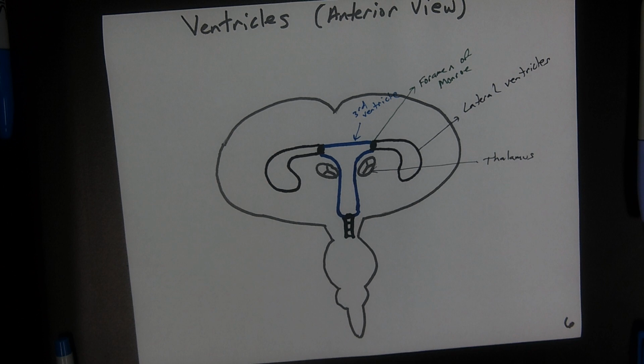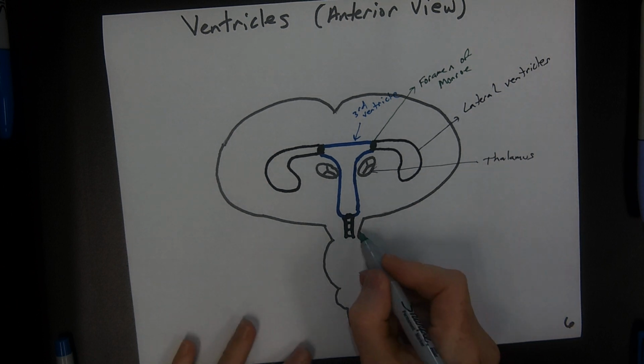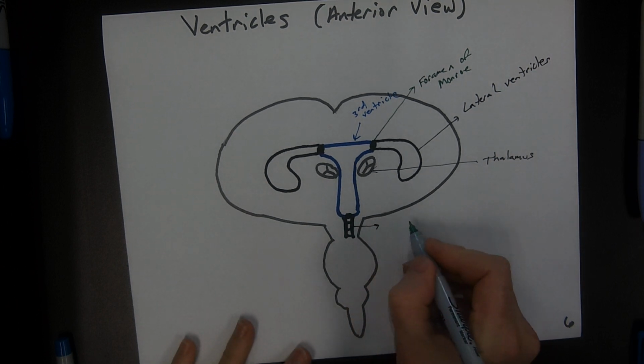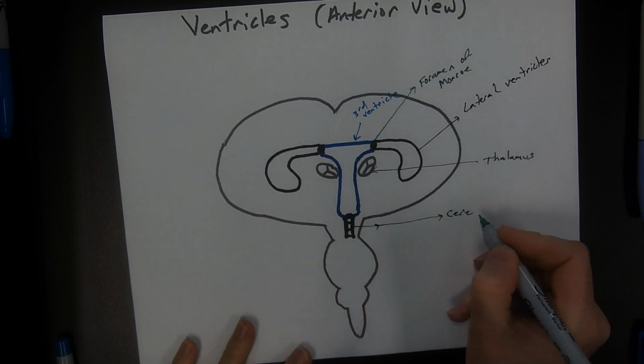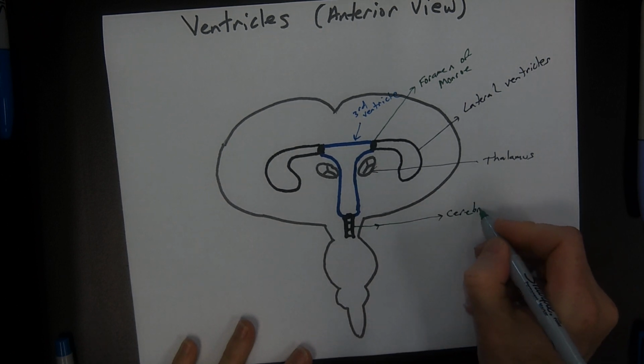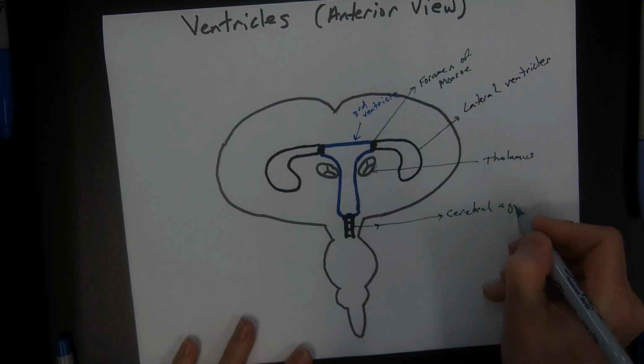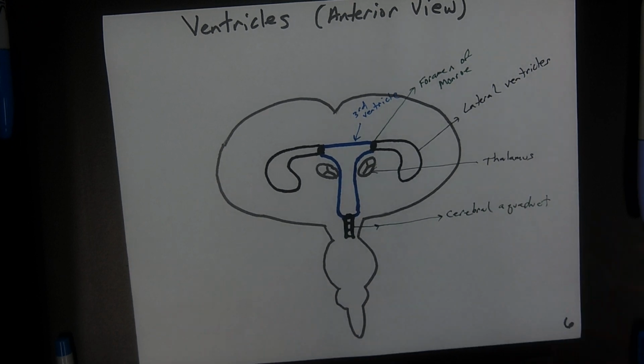The connector that goes through the midbrain is your cerebral aqueduct. I'm going to pull that way out here. Cerebral aqueduct.